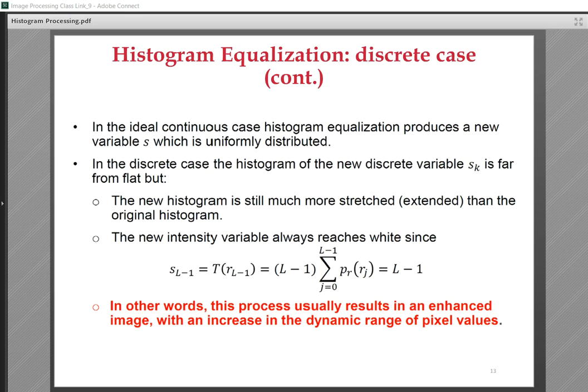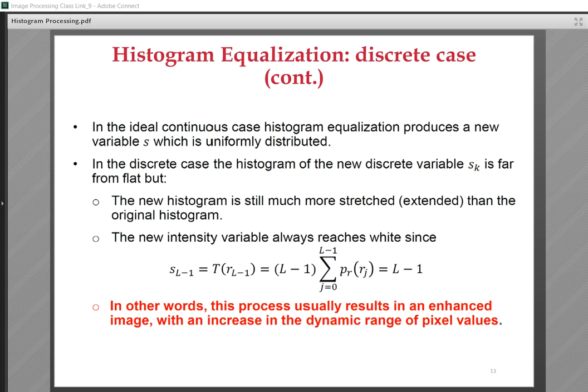The new intensity variable always reaches the full range, since S at L minus 1 is a total. This is the meaning of the CDF. S at L minus 1 is the sigma from 0 to L minus 1 of the probabilities Pr(r), and you know that the sum of all probabilities is 1.